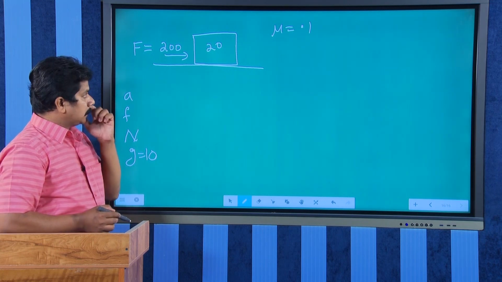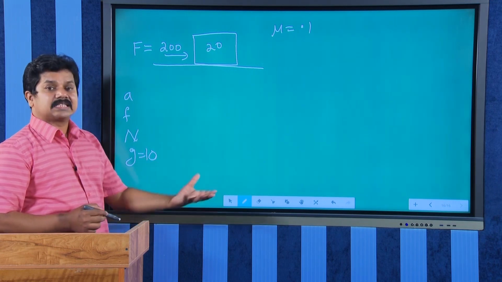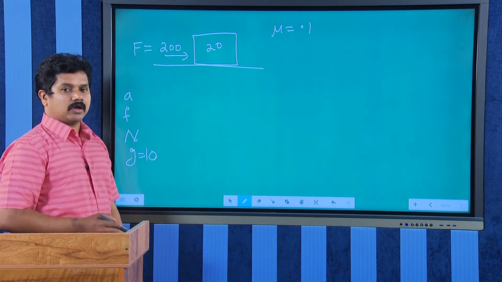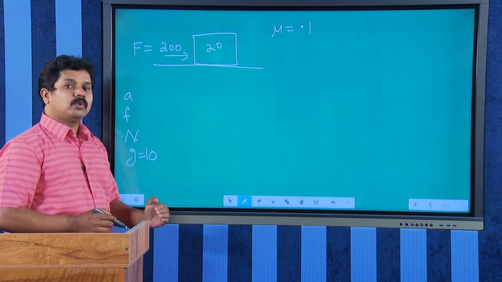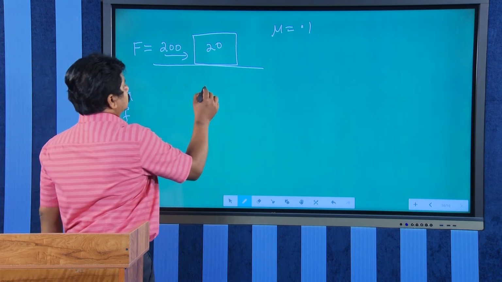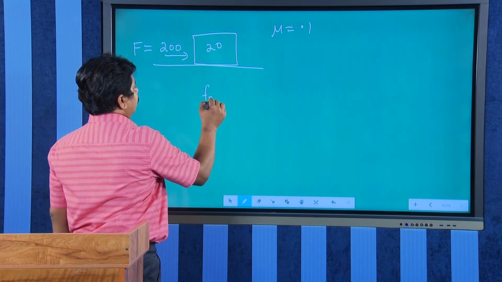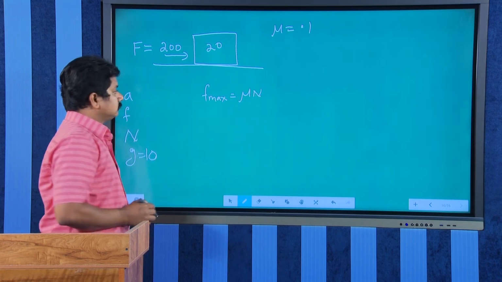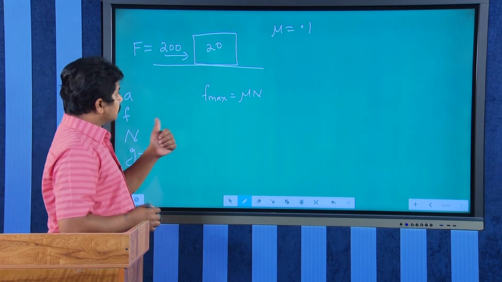Okay. So, now let us see what is the maximum frictional force that the surface can act on this block, that is mu n. So, maximum frictional force F max is mu into normal reaction. What is normal reaction? In this case it is m g.